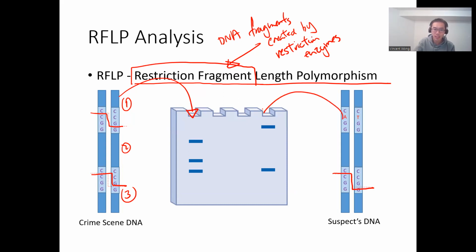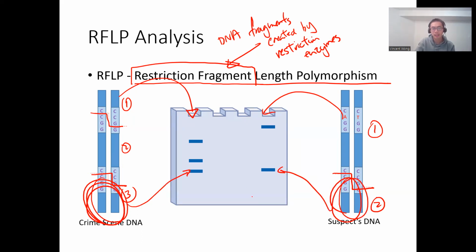So if you load the sample, you will have only 2 bands, 1 band, 2 bands. The shorter one is at the bottom, of course, right? Which is the same size, by the way, like this one and this one. They would both show up here. Okay. But then for the suspect, there is only going to be 1 band up here. In fact, if you do the math, if you add up these 2 bands, the length of this one and this one is going to be the same length as that one, right?